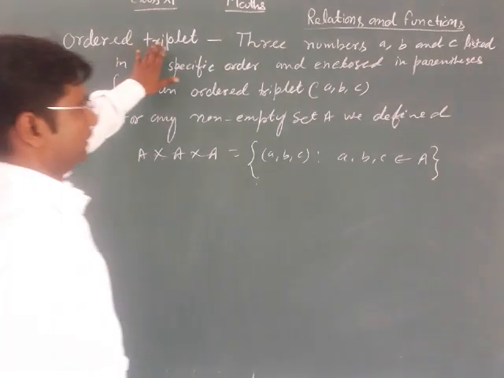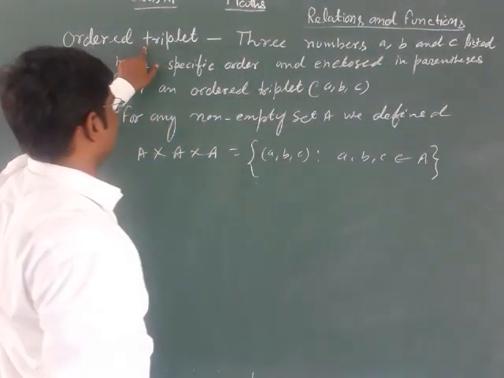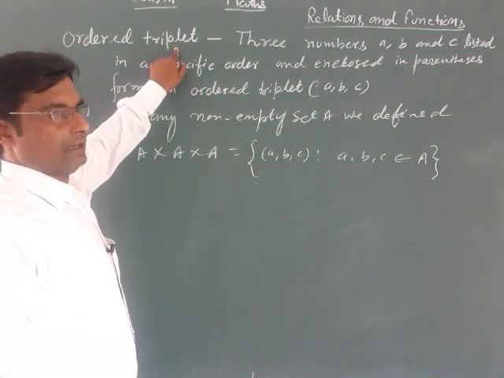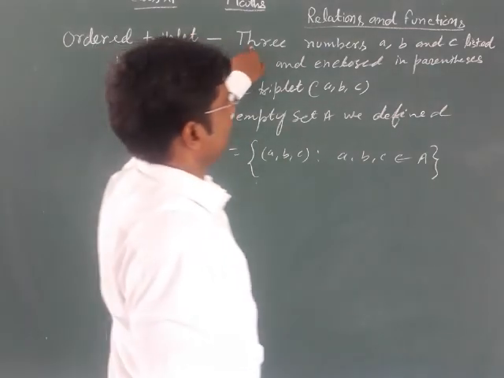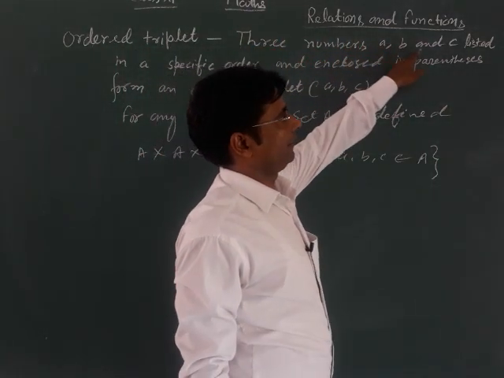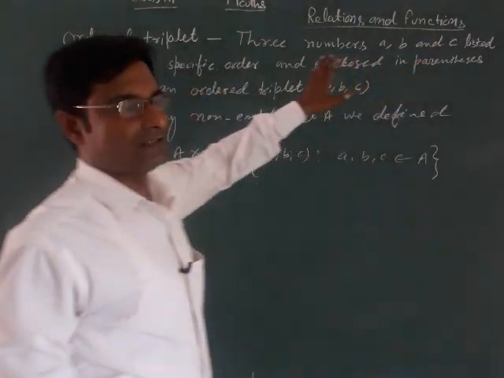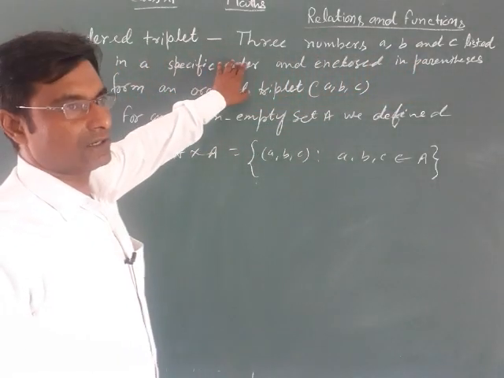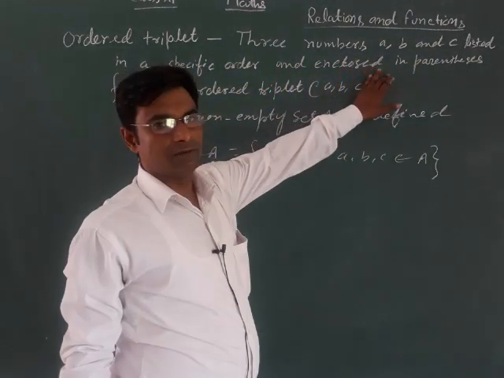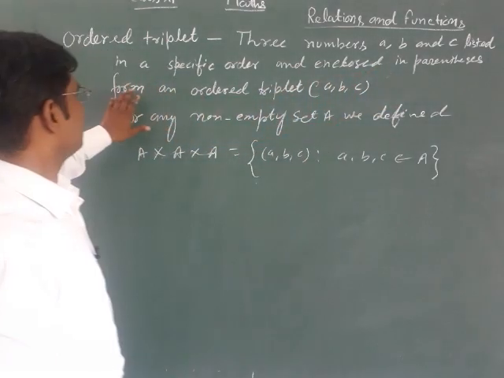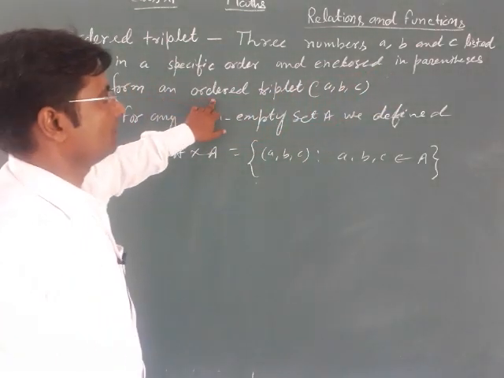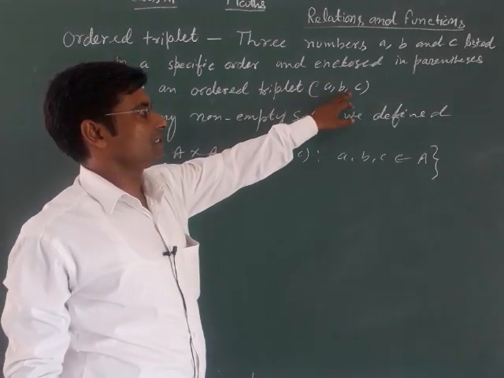Order of triplet. Triplets means three elements. So three numbers A, B and C listed in a specific order and enclosed in parentheses form an ordered triplet (A, B, C).